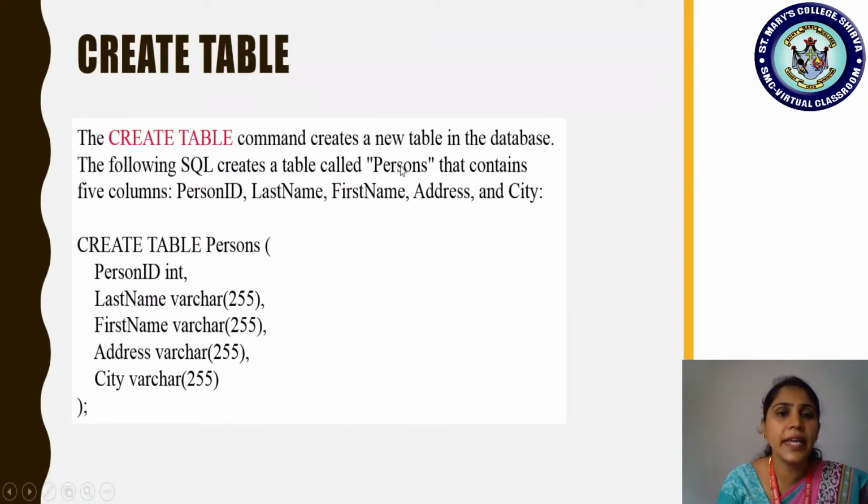Person is an entity name, table name, relation name, that contains 5 columns. This relation consists of how many attributes? Attributes are referred to as columns in a table. They are person ID, last name, first name, address and city.